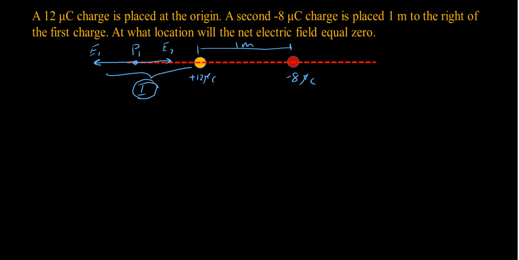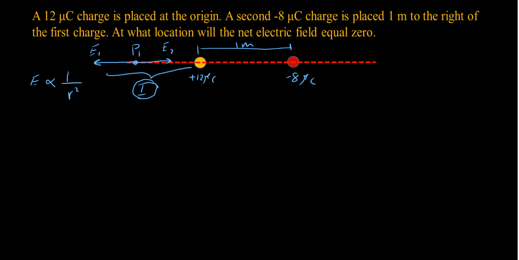It might look like they are equal in magnitude and opposite in direction, but they're not, because of the inverse square law. Since we are much closer to the 12 microcoulomb in region 1, its electric field will always dominate.